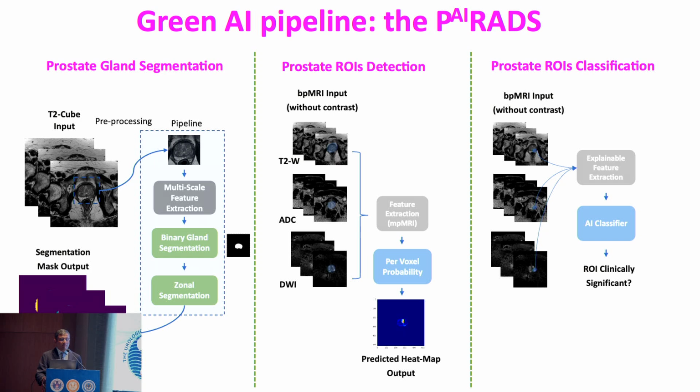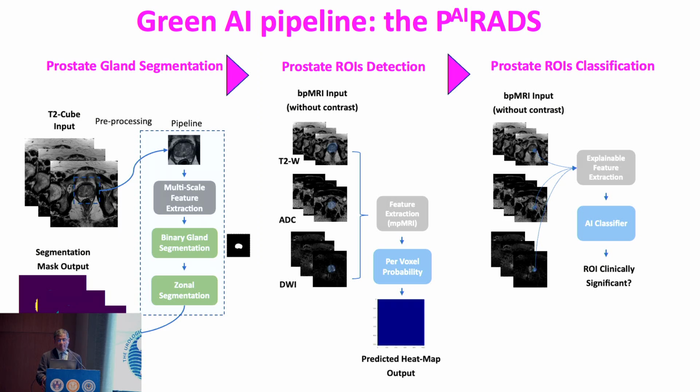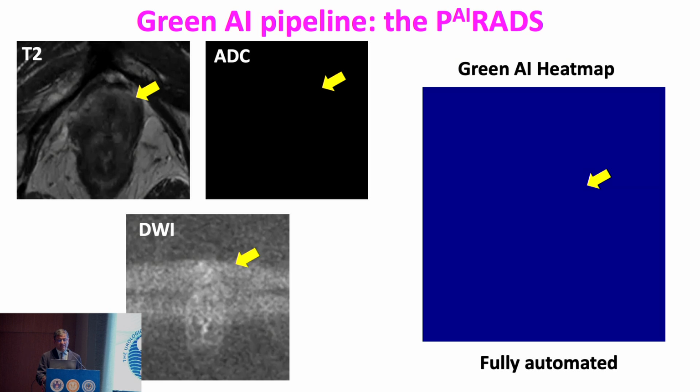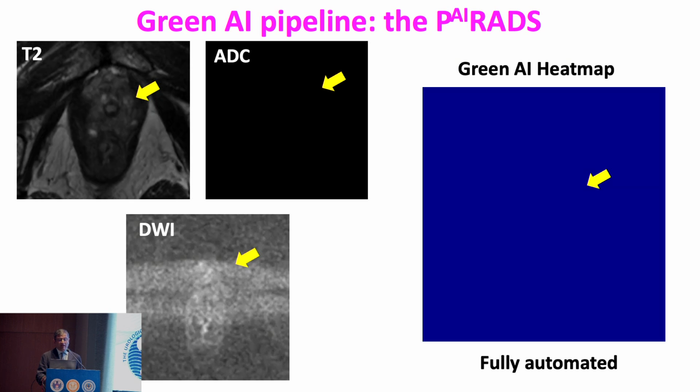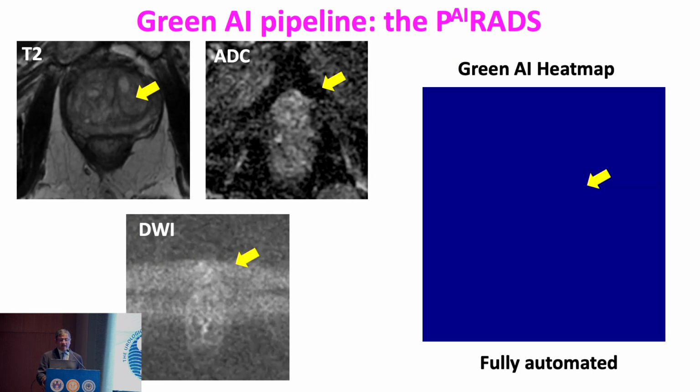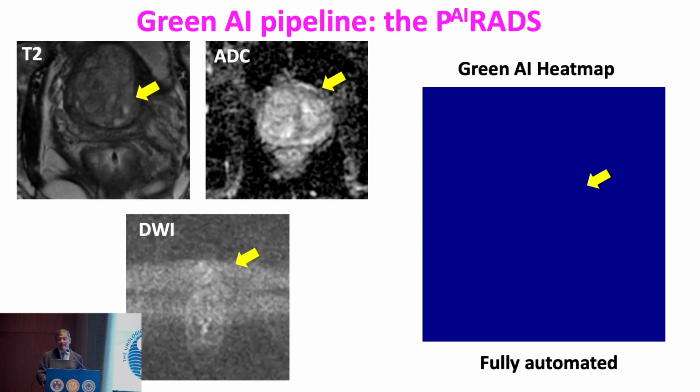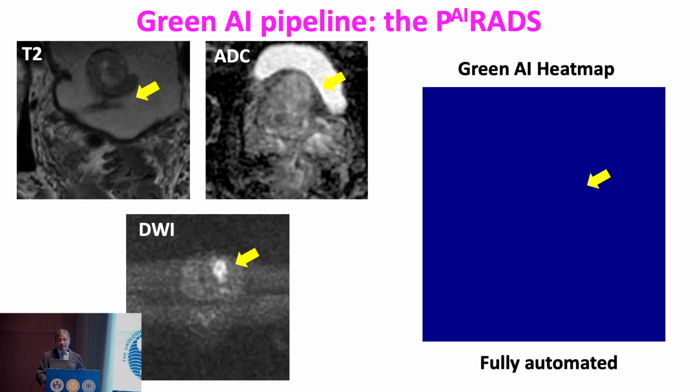And also there are better and better algorithms to look at and do better computing. The whole Green AI and the whole concept of PAI-RADS is now coming into place to maybe improve the predictability of risk stratification of prostate cancer. So for example, from an MRI image here, T2 weighted, ADC map and diffusion weighted imaging, you can create a Green AI heat map.